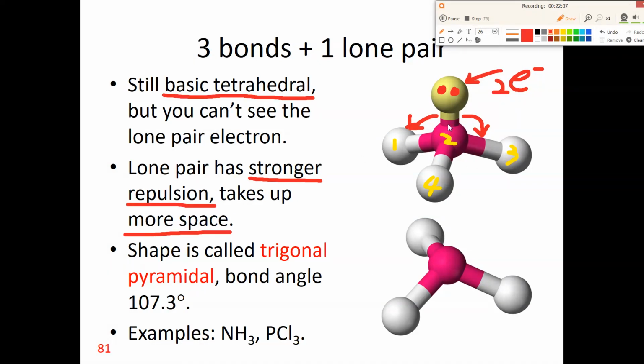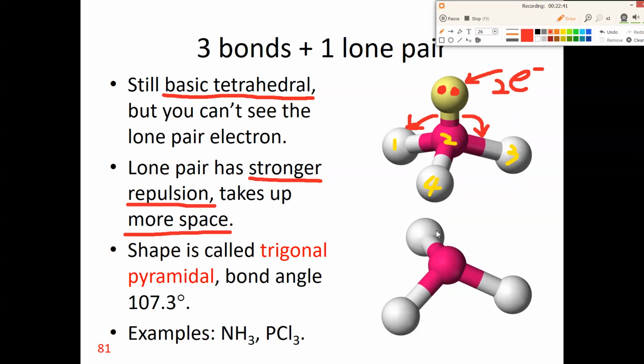When we talk about the structure of a molecule, we don't include the lone pair, because a lone pair is not an atom. When we talk about the shape of a molecule, we talk about all the atoms that form the shape. The lone pair is a determining factor, but it's not going to show up in the shape because it's not an atom.